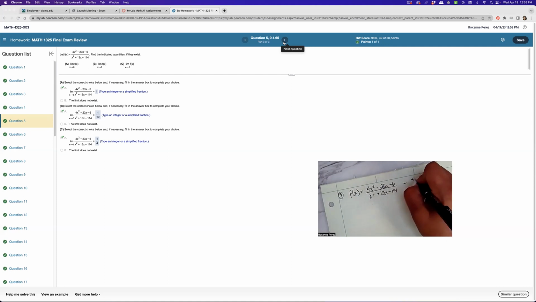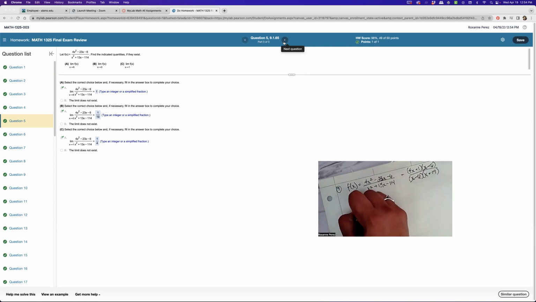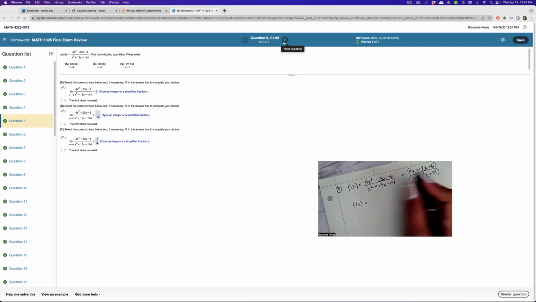That's going to give us 4x plus 1 times x minus 6 over x minus 6 times x plus 19. The x minus 6 factors are going to cancel. So we're left with a simplified function f of x equals 4x plus 1 divided by x plus 19.